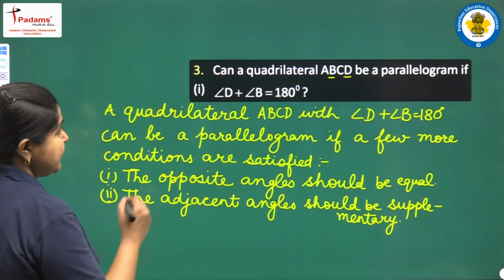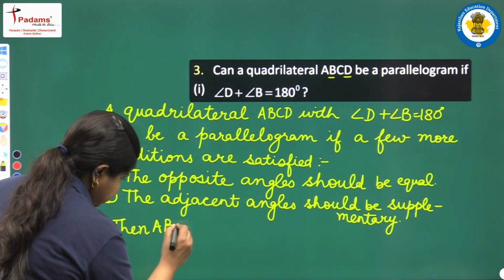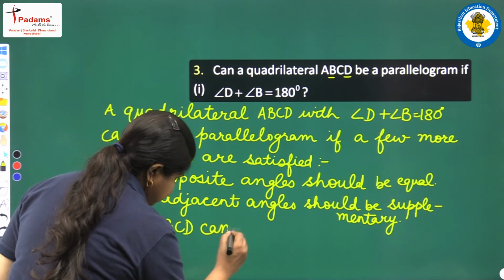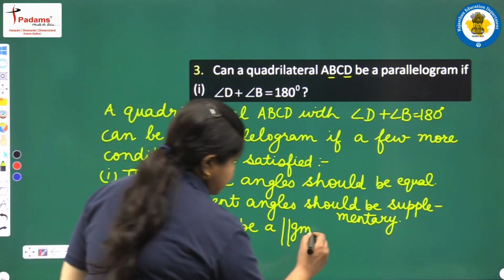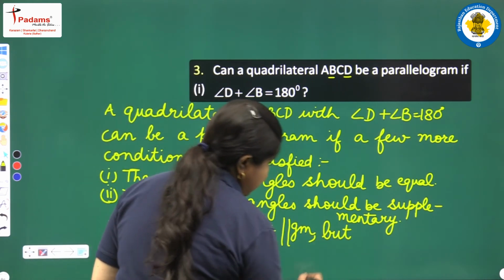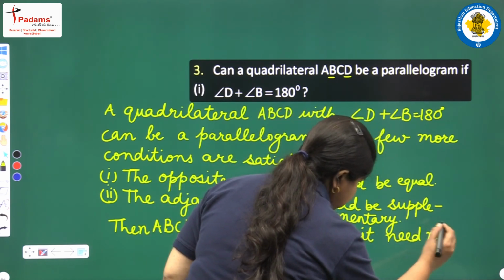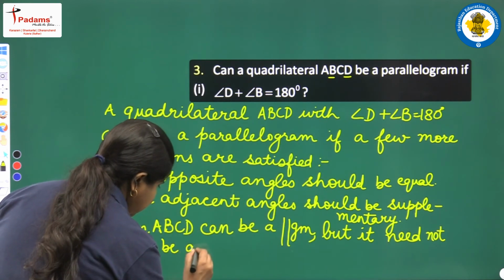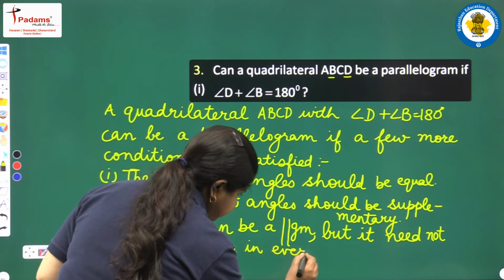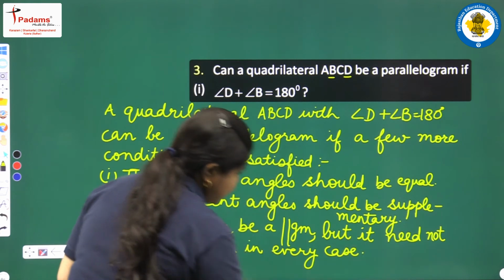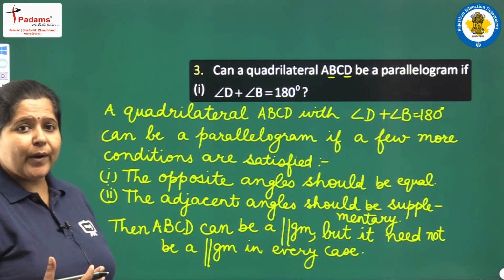Then ABCD can be a parallelogram. But it need not be a parallelogram in every case. So, it can be and it cannot be. A few more conditions are required.